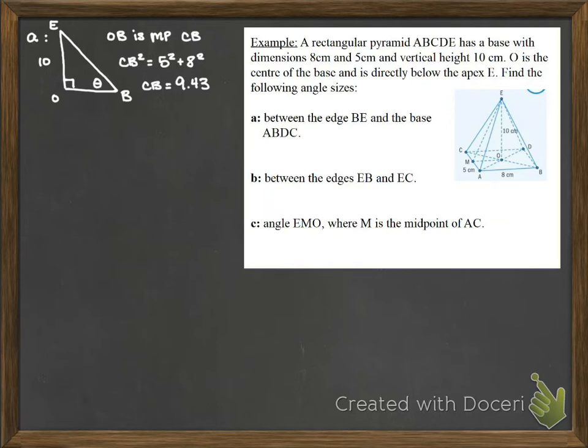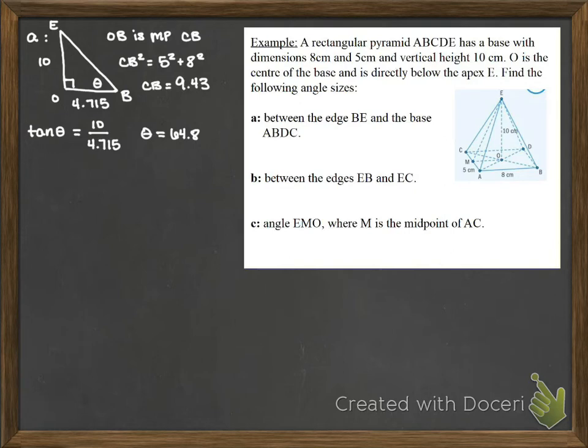Since CB equals 9.4, OB is going to be half, which is 4.715. Now that we have two sides of our right triangle, we can use SOHCAHTOA to find our angle B. We have our opposite and our adjacent, so we use tan theta equals 10 over 4.715, do inverse tan, and we get our angle measure to be 64.8.